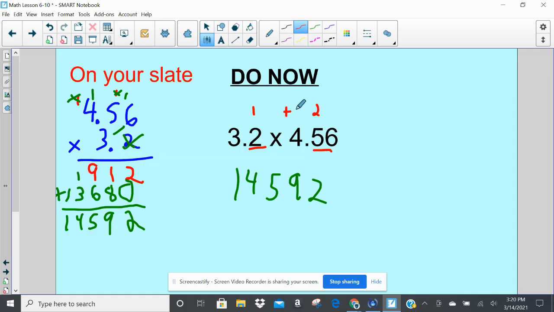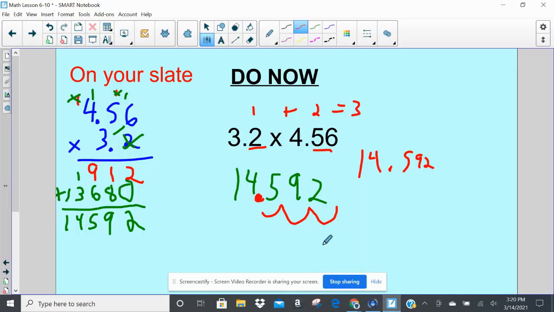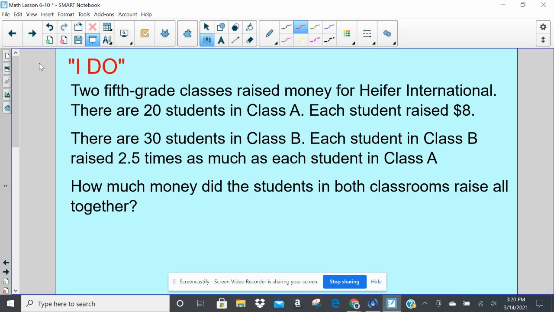Two. Put those together, you get a total of 3. So I need to move that decimal over 1, 2, 3. So where is it going to be? Right between the 4 and the 5. So our final answer would be 14 and 592 thousandths. Okay, did you get that? Good job. Let's go ahead and move on to our lesson today.